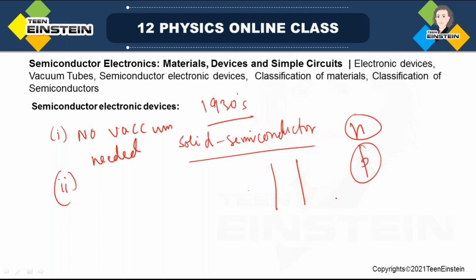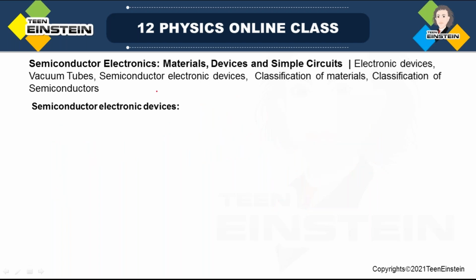Okay. So what are the points we have learned for solid state semiconductor? For solid state semiconductor, we have learned that you need not have vacuum. So this is solid state semiconductor.